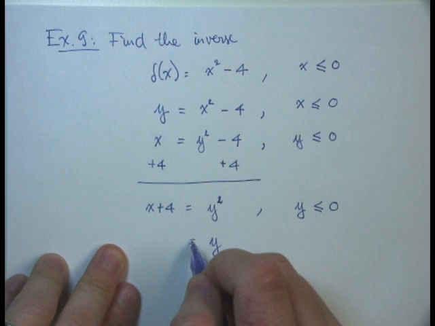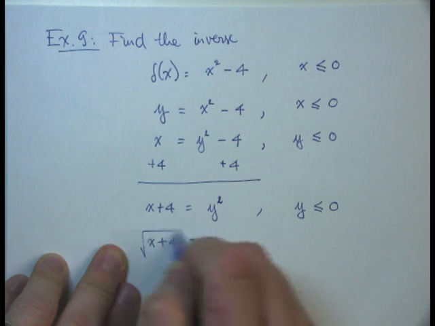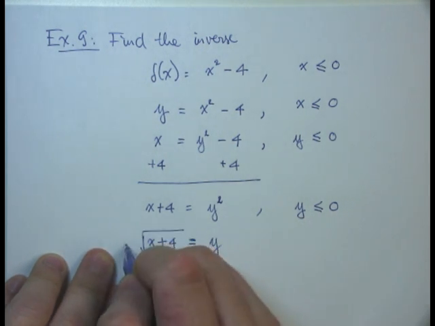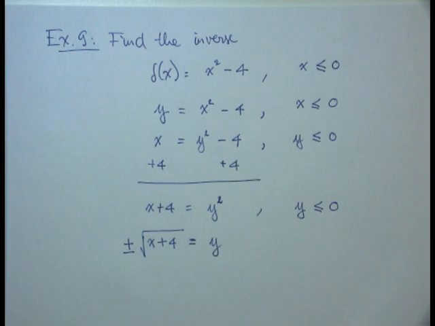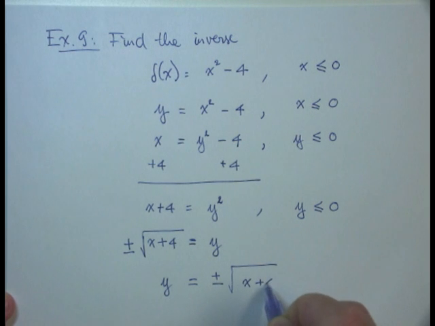So I have y equals plus and minus the square root of x plus 4.